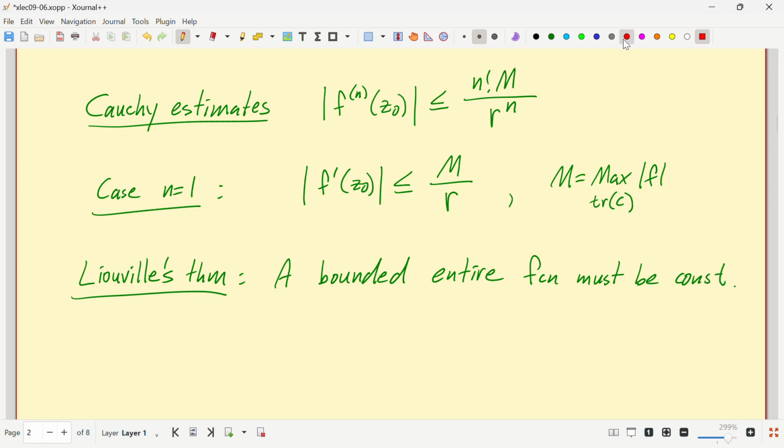So bounded means the absolute value of f is less than or equal to something on C. And entire means f is analytic on C, on the whole complex plane.